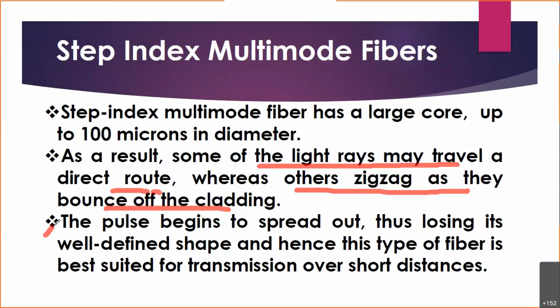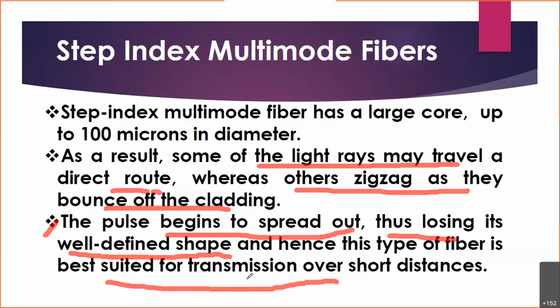And third, the pulse begins to spread out. Because if the arrival time is different, the propagation time is different, then the pulse is going to be spread, losing its well defined shape which was there at the beginning. Hence this type of fiber is best suited for transmission over a limited or short distance.